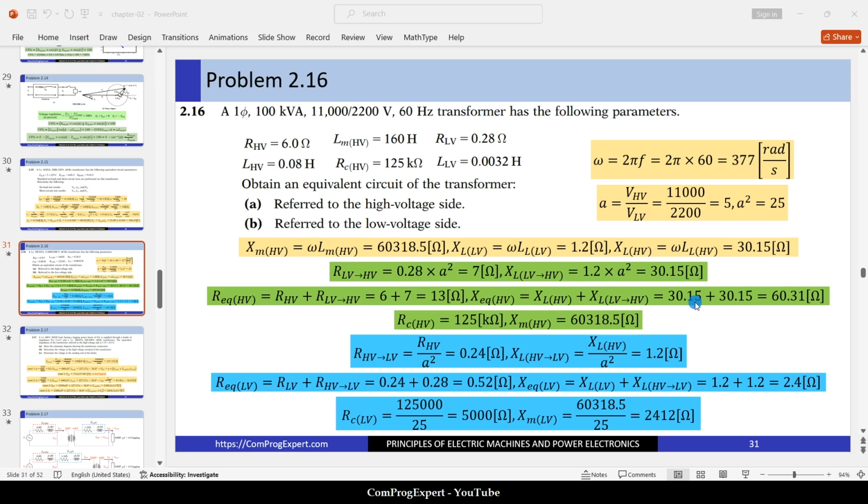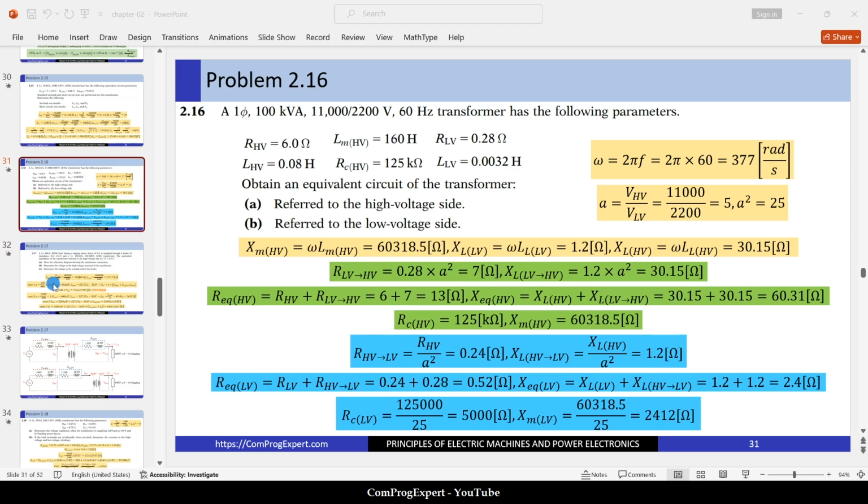When you transfer quantities, the resistance of the windings and leakage reactances to one side, you should have close numbers. So this is an important point that we can realize from this problem. So let's go for the next problem.